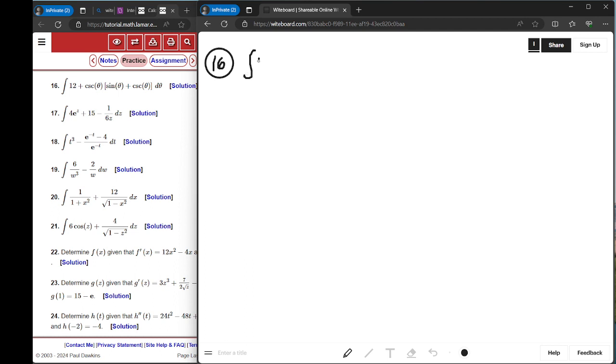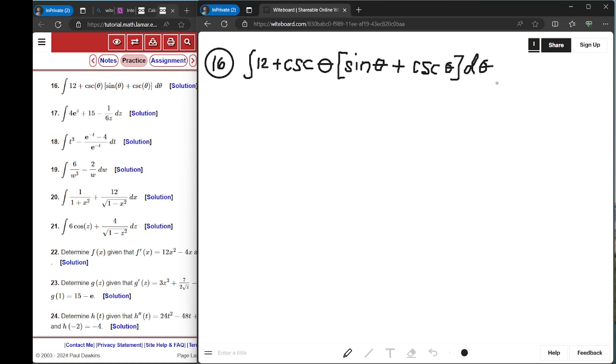The given problem is the integral of 12 plus cosecant of theta times the quantity of sine theta plus cosecant of theta, d theta. Sorry about the writing.